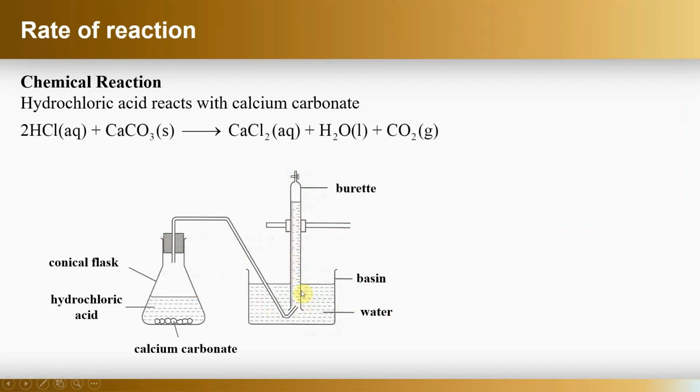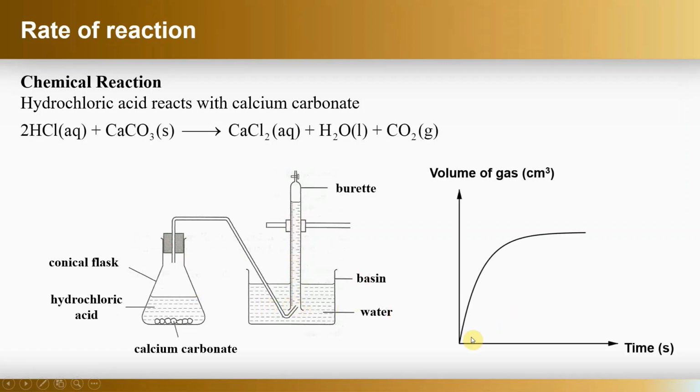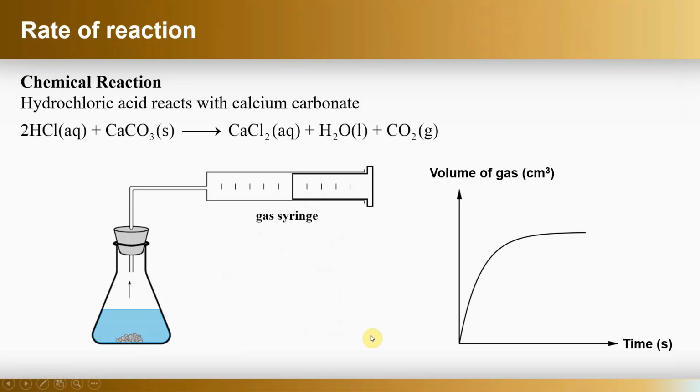When we tabulate the results, we can draw a graph and it will show a curve like this. As the time increases, the volume of gas collected increases, and it will go until a certain point where the graph will remain constant because the reaction is completed at this point. We can also collect gas using another method, using a gas syringe. That's one way.